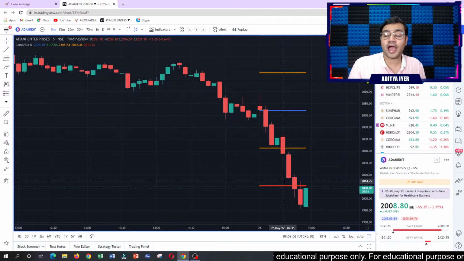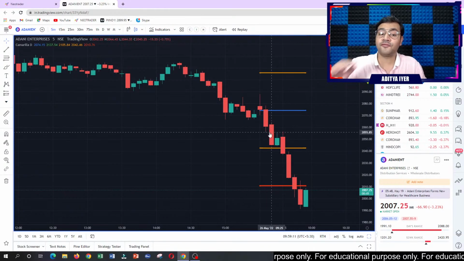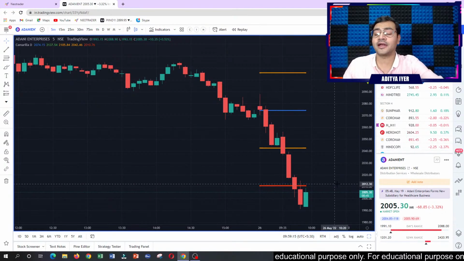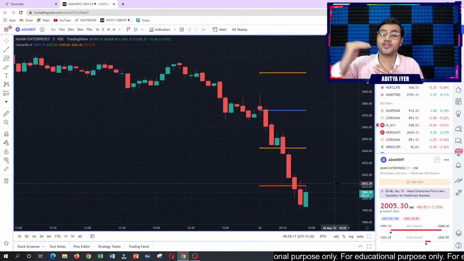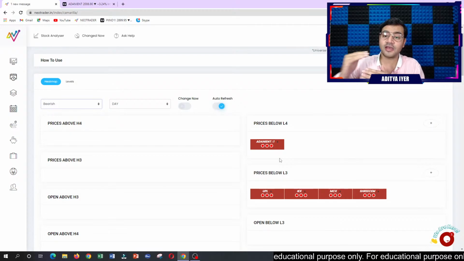If you are looking at R1, S1, you would have sort of entered Adani Enterprises here. If you are looking at Camarilla H4, you will maybe enter Adani Enterprises now. So each of these different technical indicators that you are seeing will give you the same signal at different points of time.